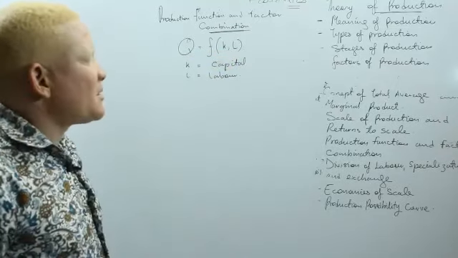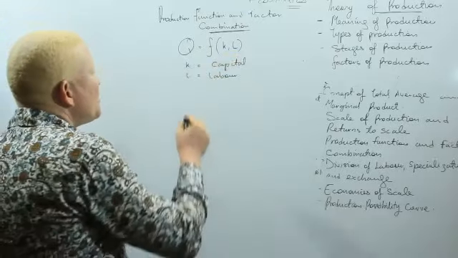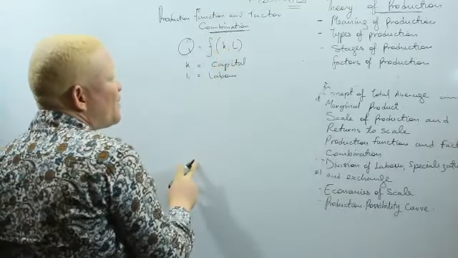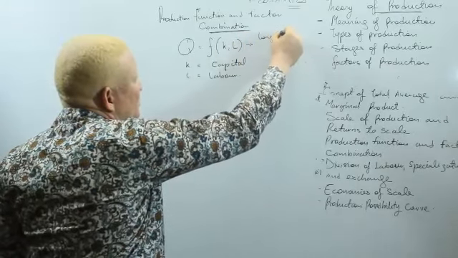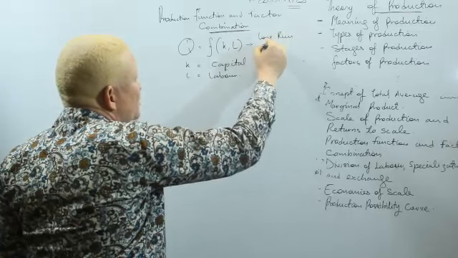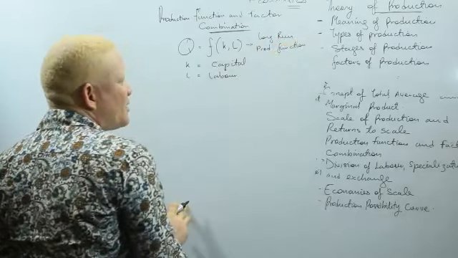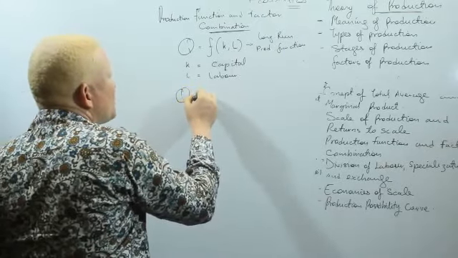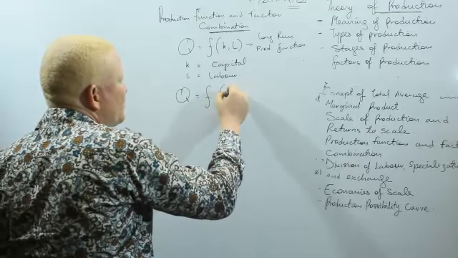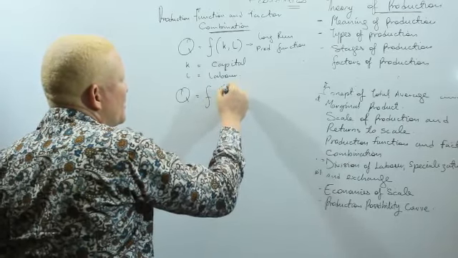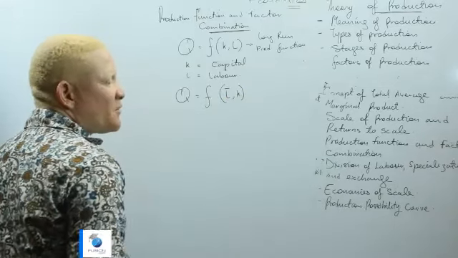When we see a production function in this form, it means that both capital and labor are variable. So this production function is a long run production function. But on the other hand, when we have Q being a function of, say, labor and capital, either of them could be fixed.